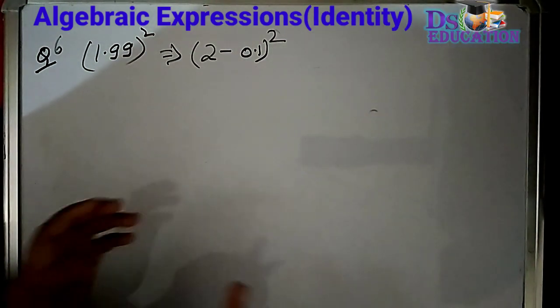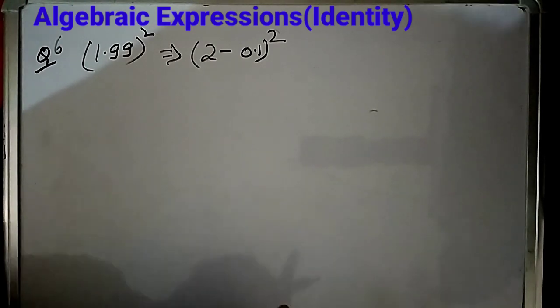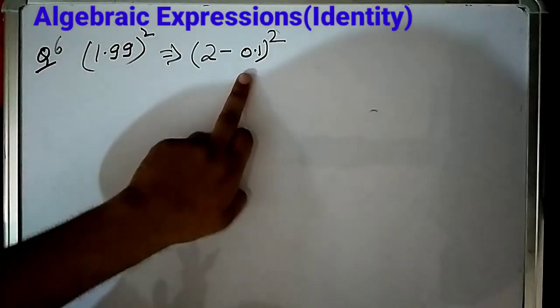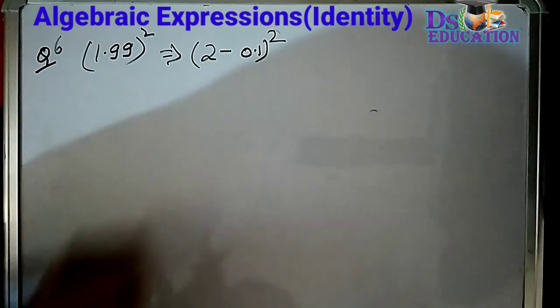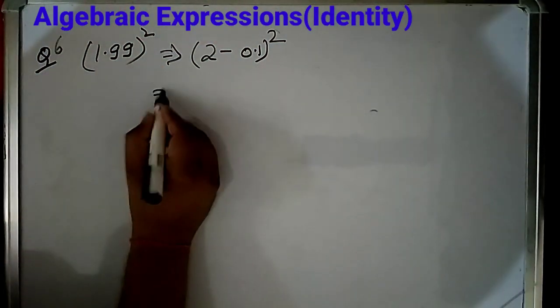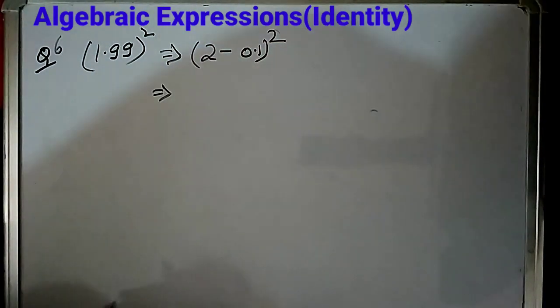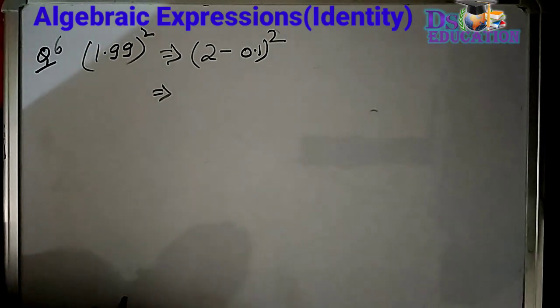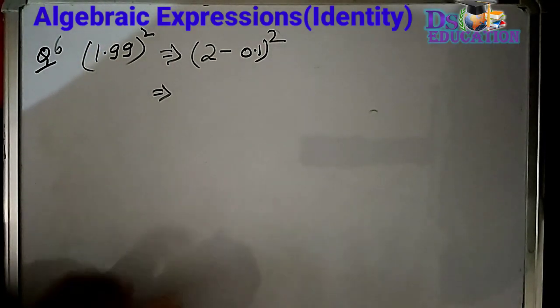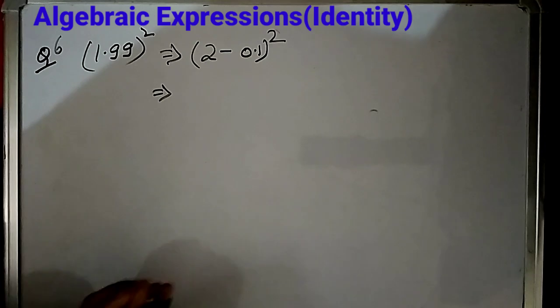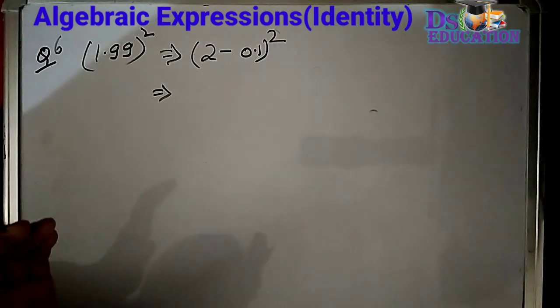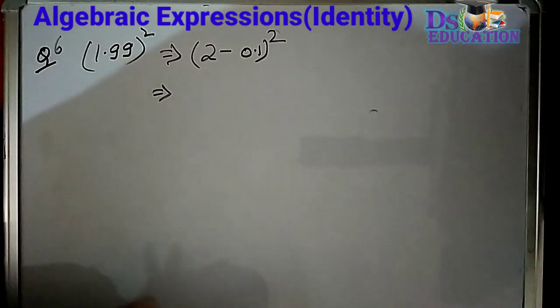You will have to consume more time in multiplying 99 into 99. Rather, if you multiply 0.1 into 0.1, it will be more convenient. So when you do more questions of this type, you will have a nice idea how to divide the given numbers into two parts which are more convenient to solve.